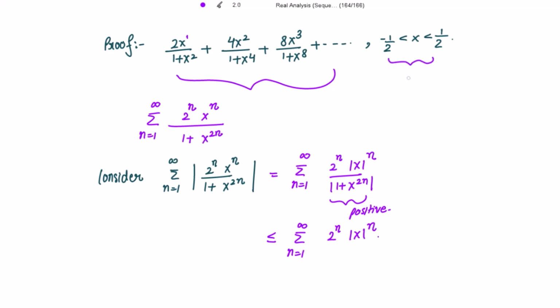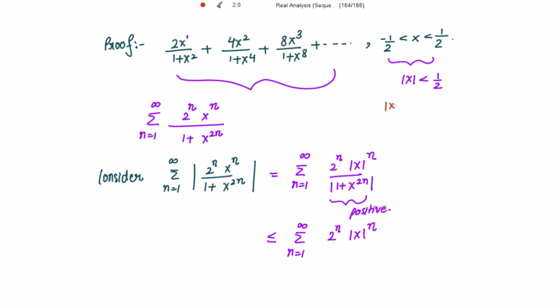Okay. What is the interval given to us? From here, we are having mod of x is strictly less than 1/2. If I apply this over here, what I get is strictly less than 2 to the power n into 1 divided by 2 to the power n, that is equal to 1. But for the Weierstrass M-Test, we need to have the convergent series on the right hand side.